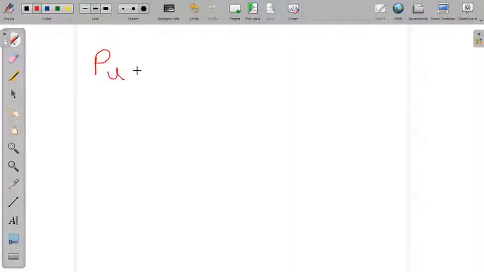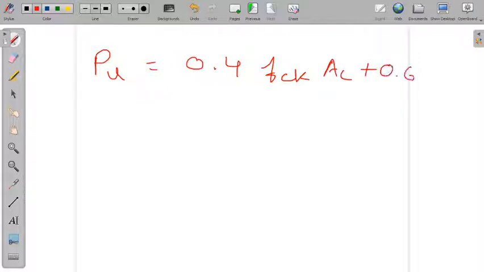It says that Pu is equal to 0.4 fck Ac plus 0.67 fy Asc.